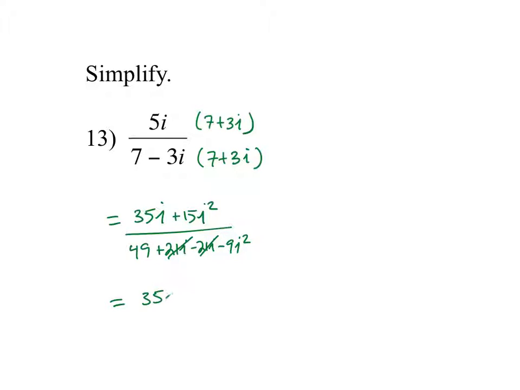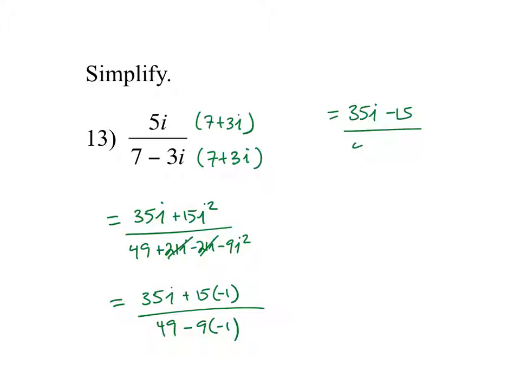So I have 35i plus 15 times negative 1 divided by 49 minus 9 times negative 1. So this is the same as 35i minus 15 divided by 49 plus 9. Remember that we have to rearrange on top. So negative 15 plus 35i divided by 58.